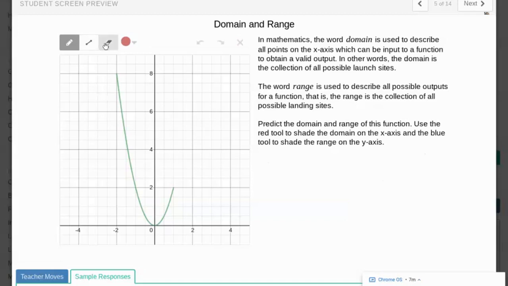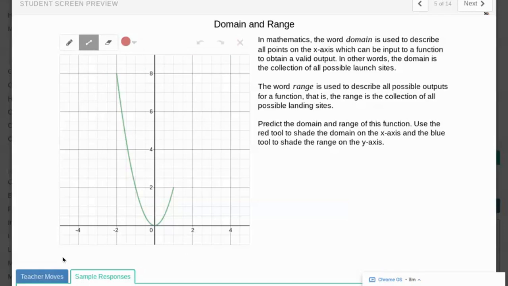So there are a few different options up here. We have a pencil to free draw. We have a line so that it can be straight, and we have an eraser. Also, you can drop down and change our colors here. But we're going to start with red. So red is supposed to be predicting our x-axis or our domain. So I'm going to use my line tool so it can be nice and straight here.